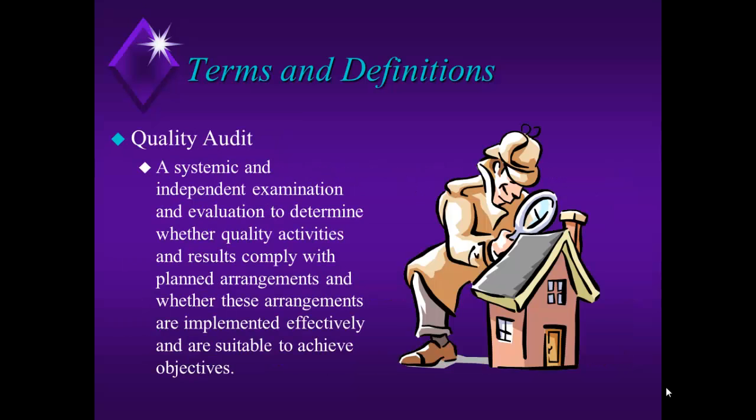A quality audit is a systemic and independent examination and evaluation to determine whether quality activities and results of those activities comply with planned arrangements and whether those arrangements are implemented effectively and are suitable to achieve the objectives.